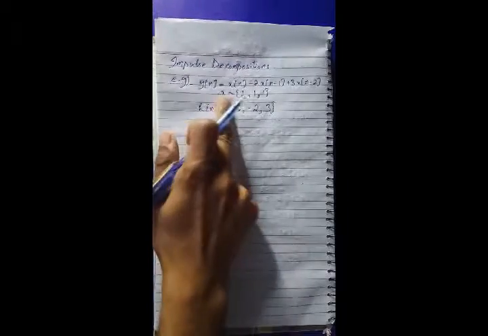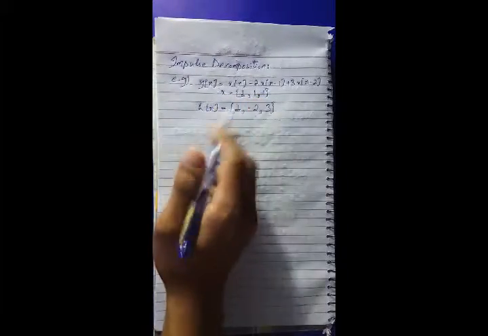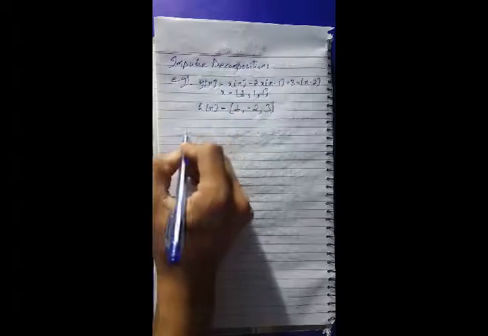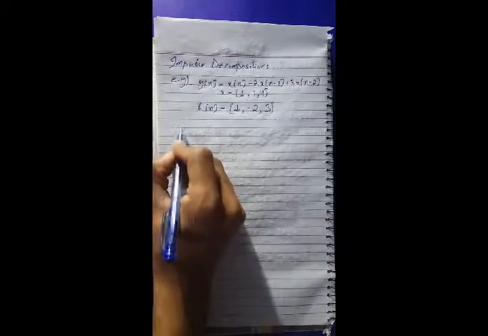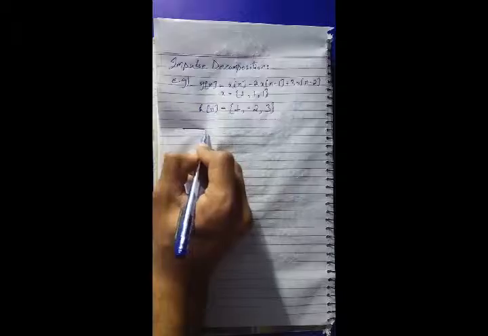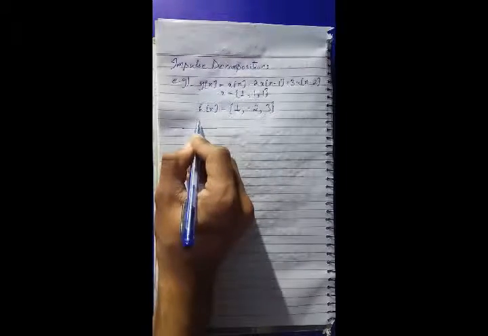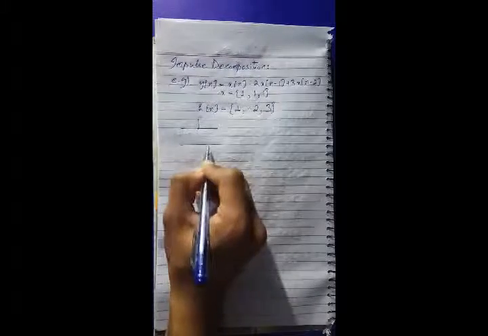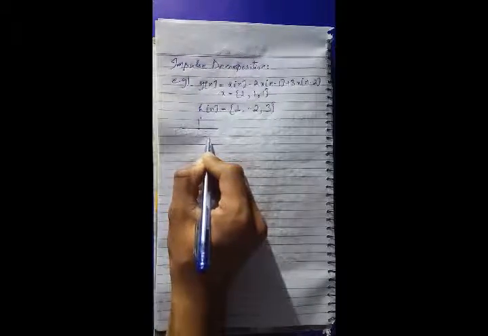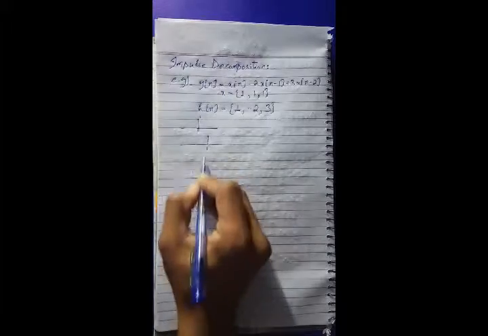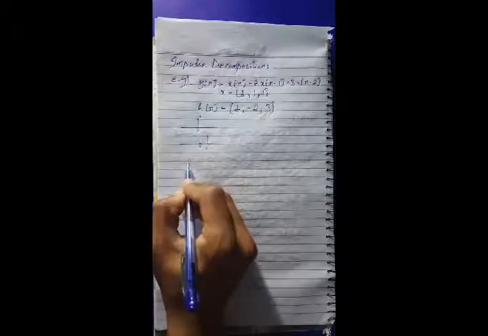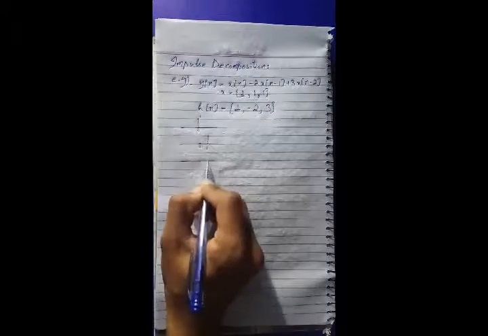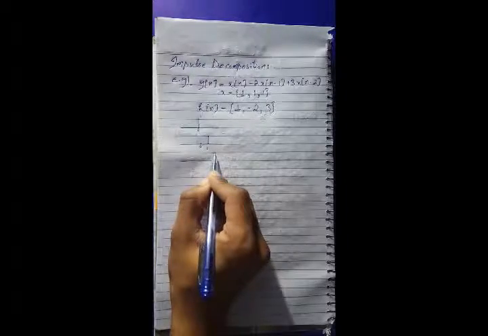Now we will convert this signal into shifted impulse signals. The first one we get at 0, we get 1, the second we get here 0, here 1, and the third one is at 2.